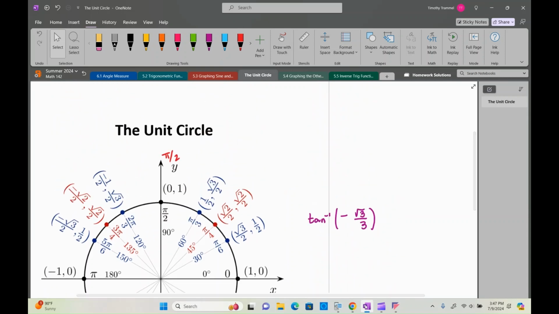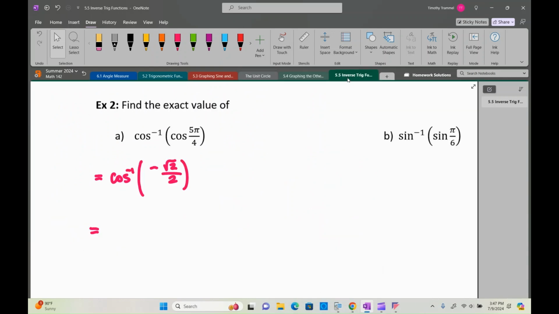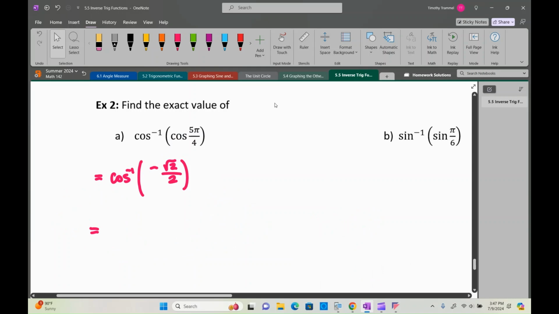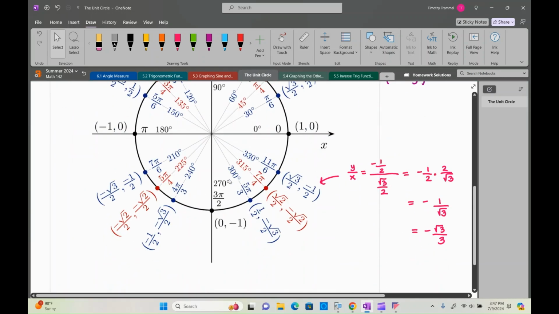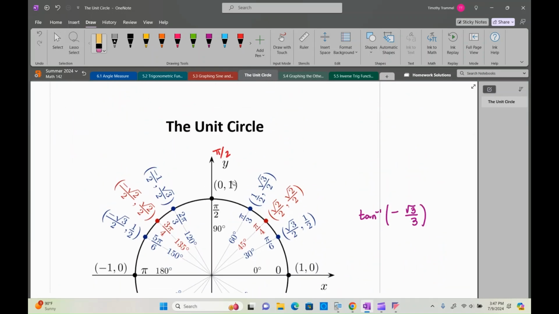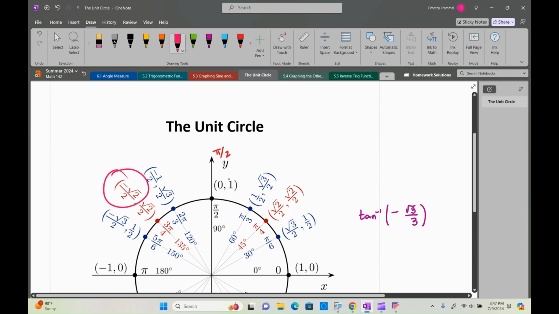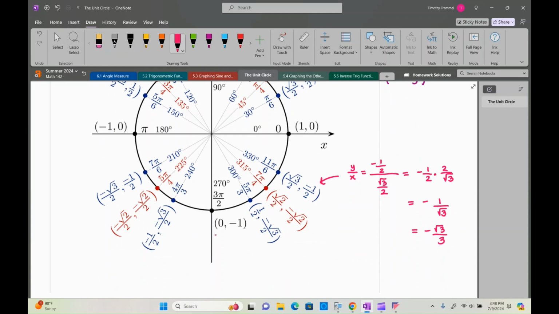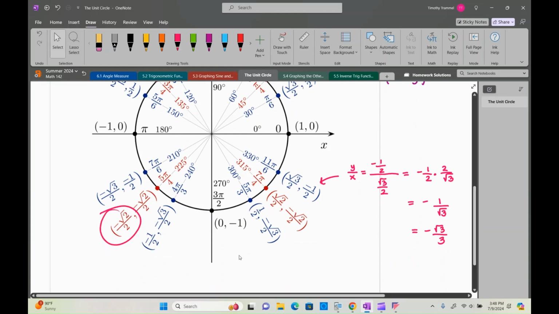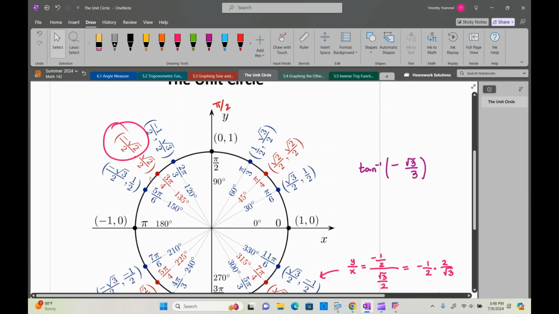And specifically, I want to find minus the square root of 2 over 2. So minus root 2 over 2, that's right here. And again, I can't use this one down here because it's not between 0 and pi. So what we're getting then as our angle is actually 3 pi over 4.